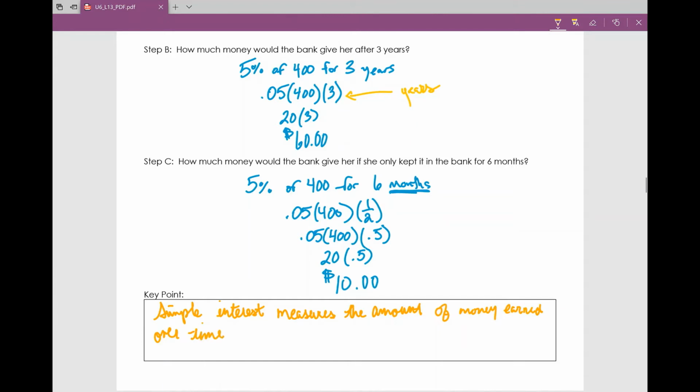And in this case, it has to do with an investment, like a bank account is an investment, or it could have to do with a loan too. So I'm going to add in a loan or investment.